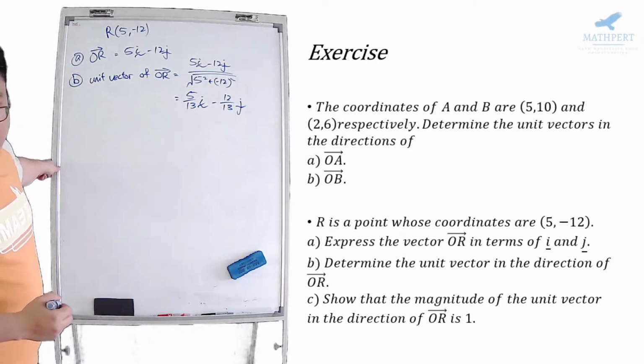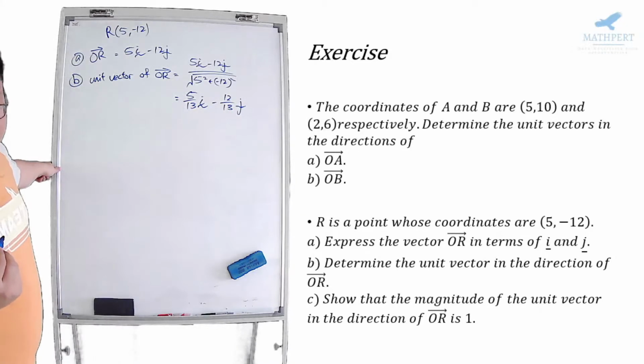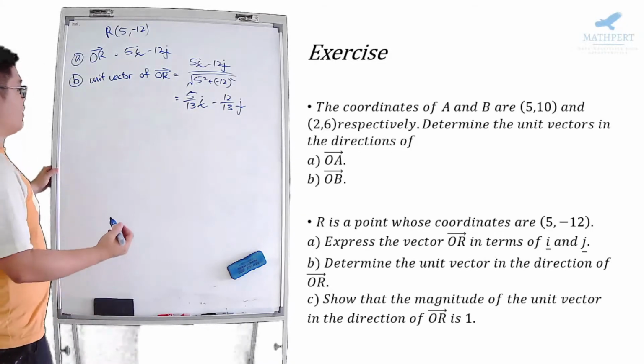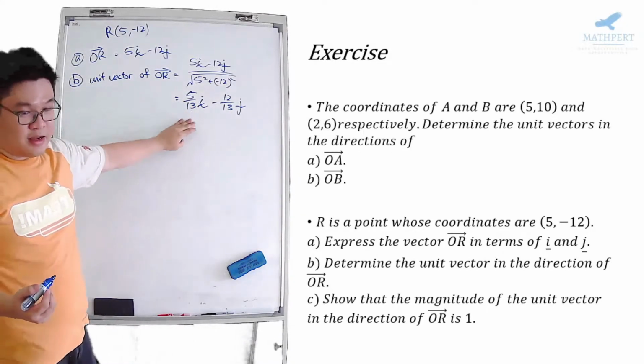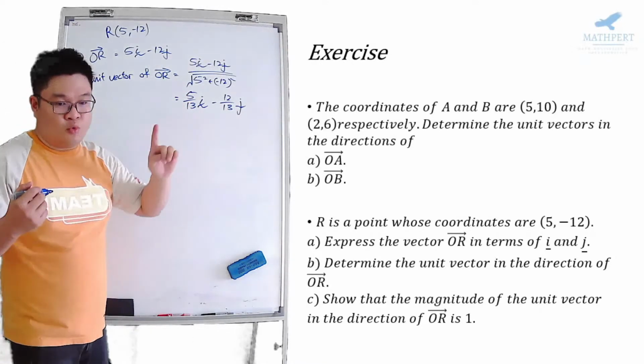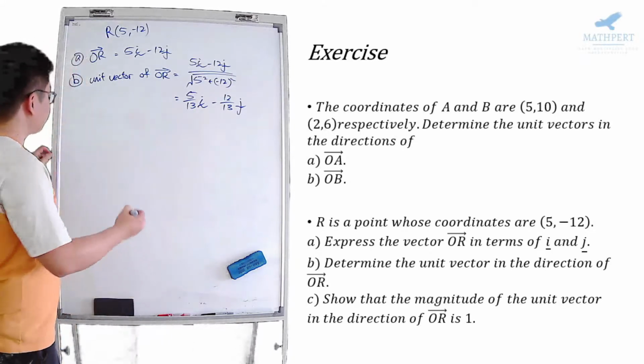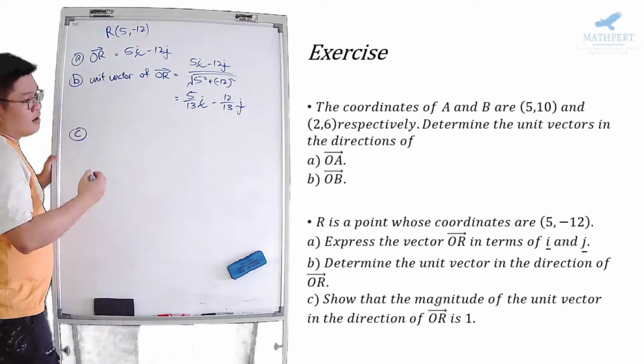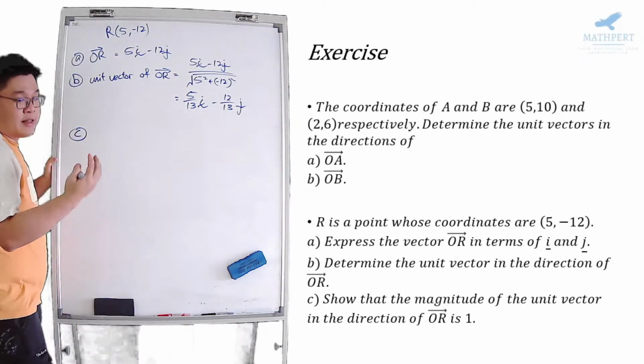C. Show that the magnitude of the unit vector in the direction of OR is 1. We know that the magnitude of a unit vector is equal to 1. To show it, we use the magnitude method.